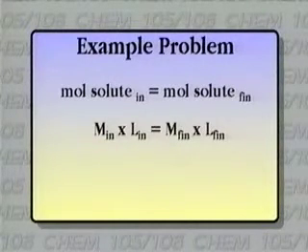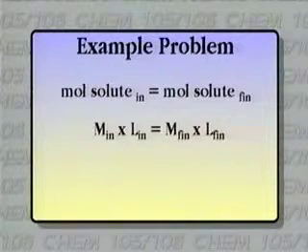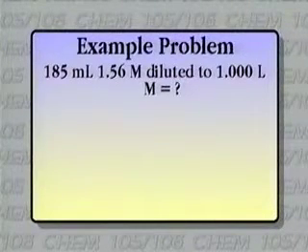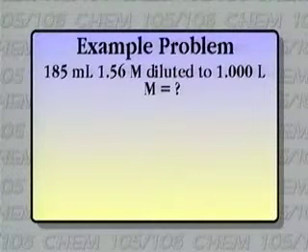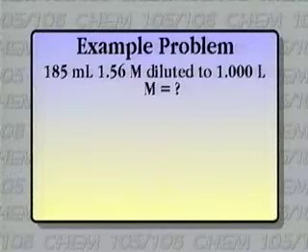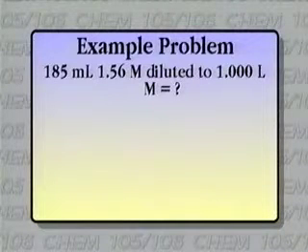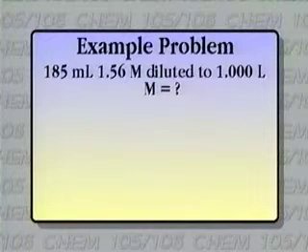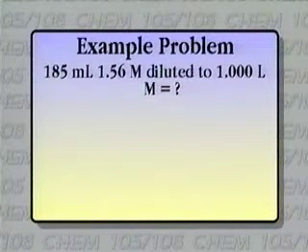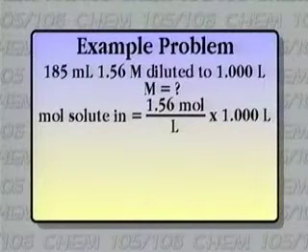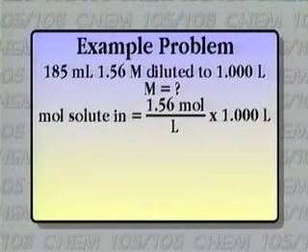So we have the question: 185 milliliters of a solution, 1.56 molar in concentration, is diluted to 1,000 milliliters. What is the new final concentration? Now, the way we'll look at it first is we're going to say, all right, how many moles of solute did I have initially?